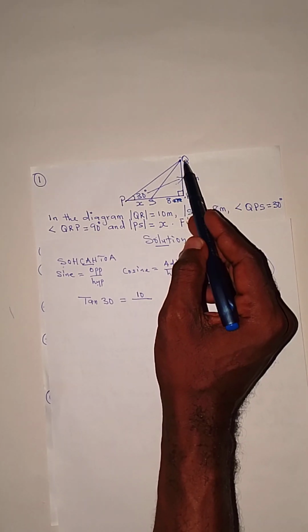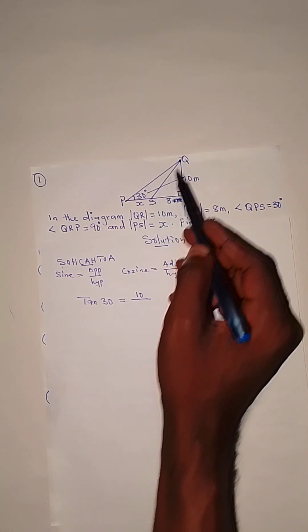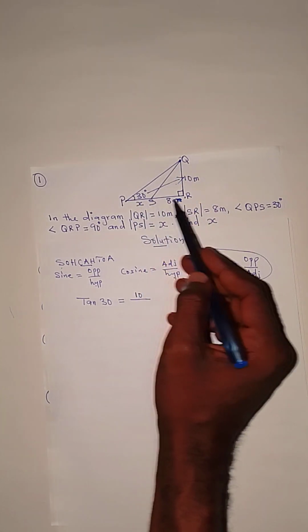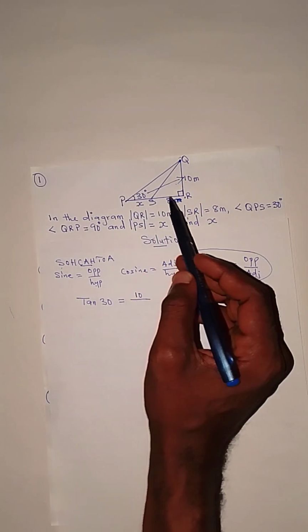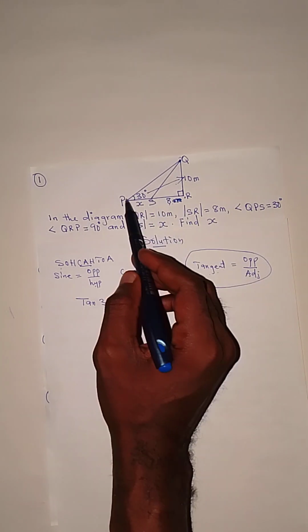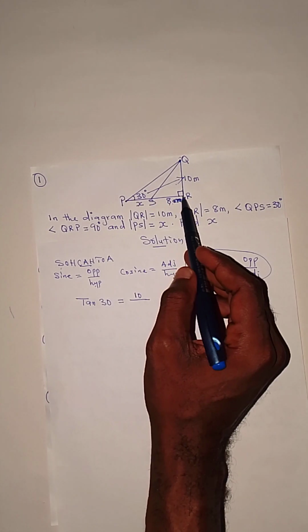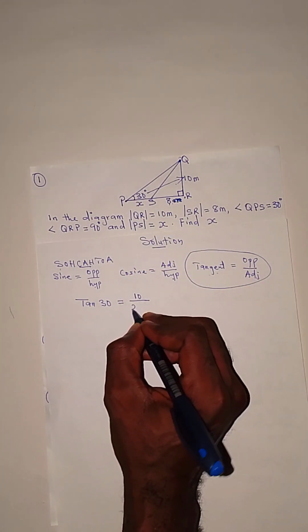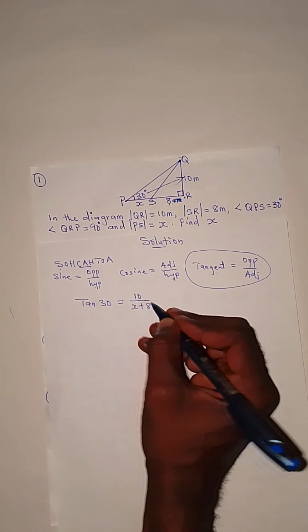Now this line QS has bisected that adjacent, has divided the adjacent into two. So one is X and one is 8. So we are going to add this X to this 8 to give us the full length of the adjacent. So the adjacent is going to be X plus 8.